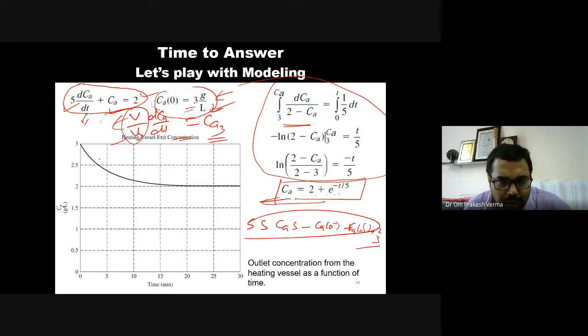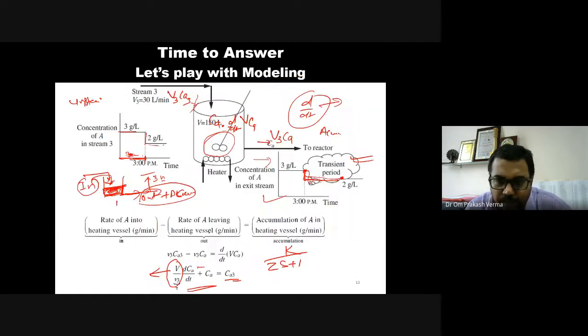So this is the exponentially decreasing 2 plus e to the power minus t by 5. E to the power minus t by 5 represents the exponential decrease. So the nature of the decrement from 3 to 2 is like this one. Okay, this one is 3, this is the 2, and this will go like this.